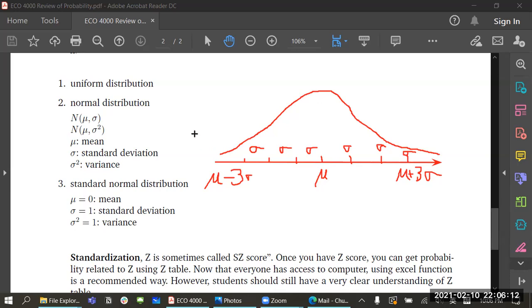If I change the color, any data that comes at the two tails, and these two tails go on forever, that is larger than mu plus 3 sigma or smaller than mu minus 3 sigma, we call outliers.